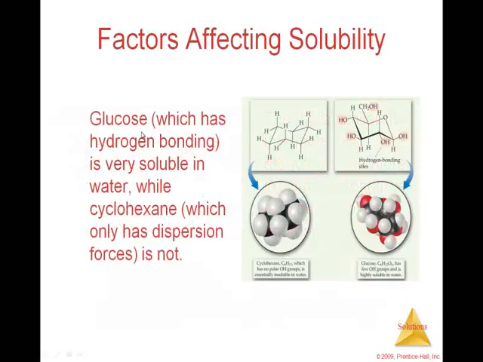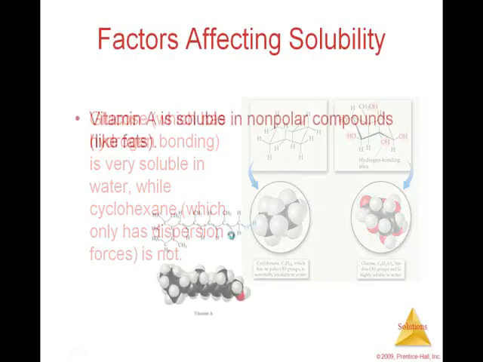For instance, glucose, which has hydrogen bonding, is very soluble in water, because water also has hydrogen bonding. They are both very polar, and therefore they are soluble in each other. But cyclohexane, this molecule here, which is totally nonpolar, is not soluble in water, because water is polar and this is not.